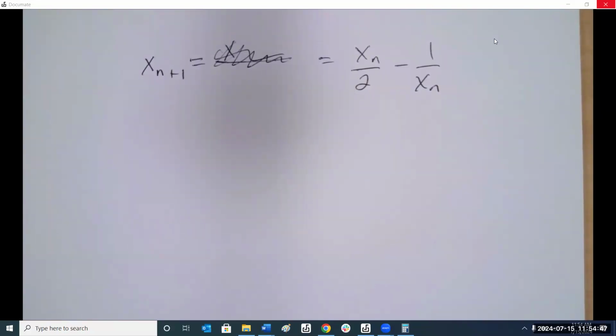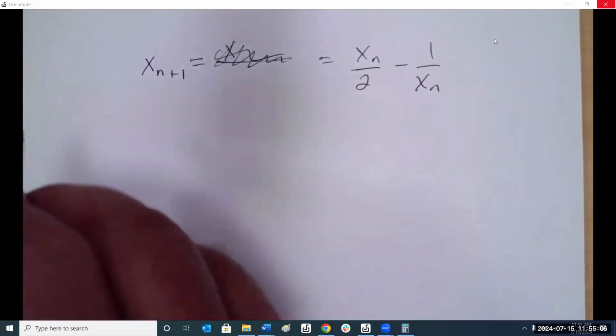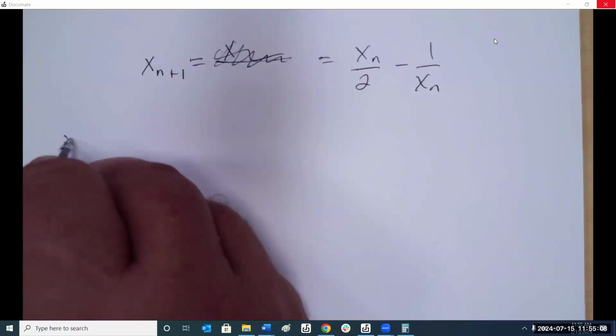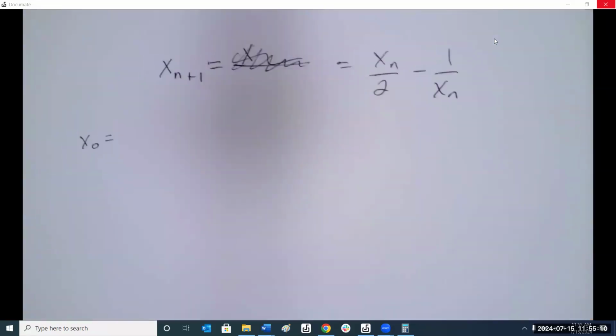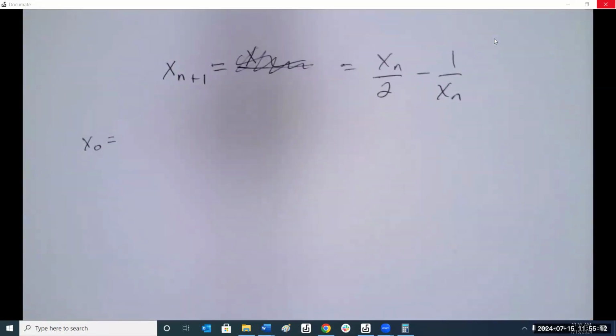So the first thing you have to do is come up with your initial guess. What number do you want to start off with? We're looking for x sub 0. What can we not use?